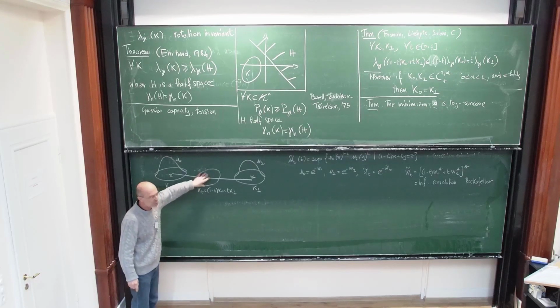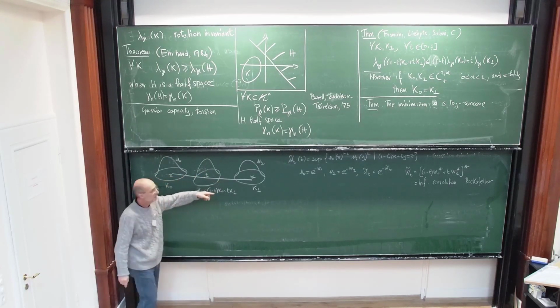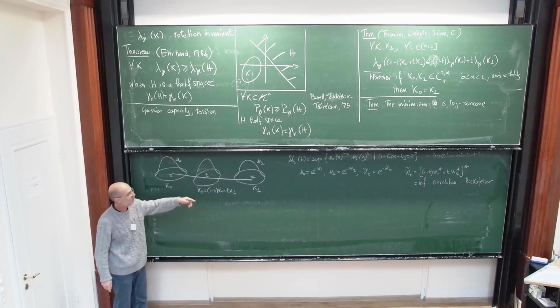This will not be the solution here. It will be a positive function here. It will be 0 on the boundary, because they are 0 on the boundary, and boundary points come only from boundary points.